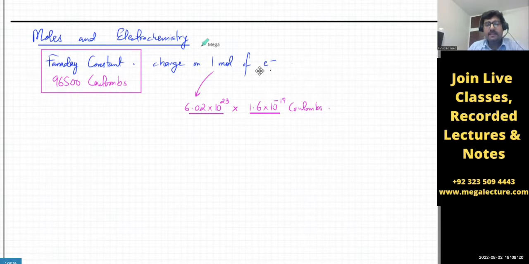There's this additional piece of information that you must have. Plus there's an equation which you have already studied related to electricity in physics, and that is Q is equal to IT. That's number 1. You must remember that.